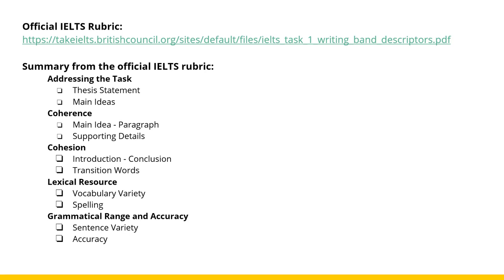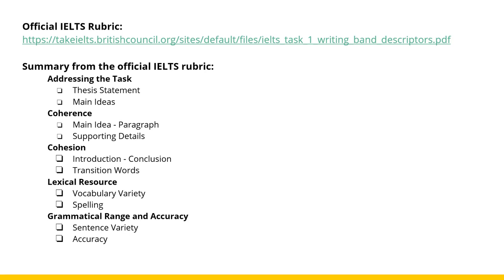Then spelling, of course, is very important, so make sure you practice very well before you take your test. And the last important point is grammatical range and accuracy. It means your sentences are different. You are not using only simple sentences or only compound sentences. You have 4 different types of sentences that we discussed: simple, compound, complex, and compound complex.